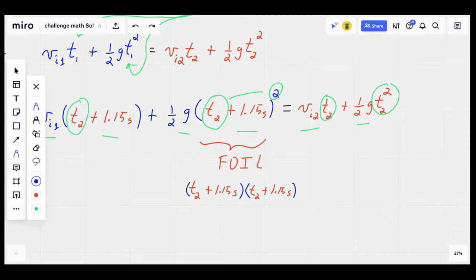What we end up with is 1/2 g times T2 squared plus 2.3 T2, which is the 1.15 seconds times T2 on the outside and also on the inside, so it comes out to 2.30 seconds T2, plus the last, 1.15 seconds times 1.15 seconds, which gives us 1.3225 seconds squared.